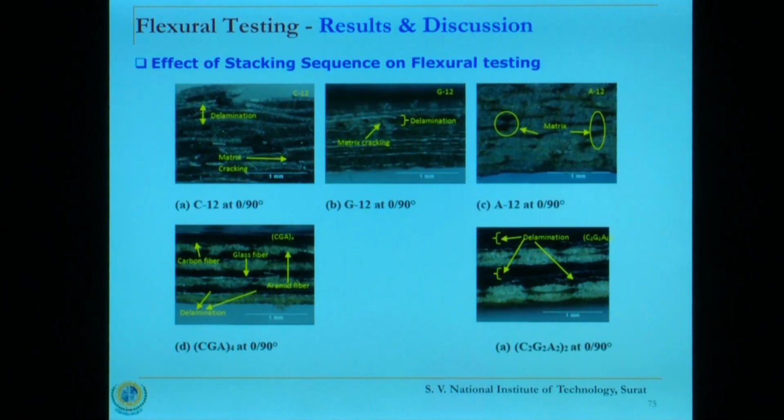When we are bending these parts, what we observe is delamination almost everywhere. So, what is delamination in this particular case? We have different layers of fabric, and those fabrics are in the resin.